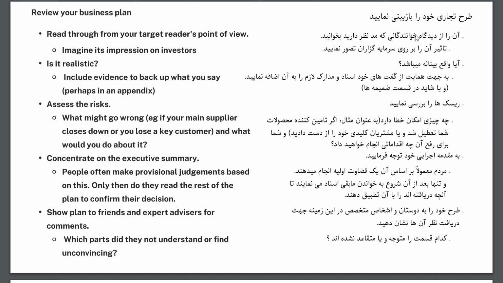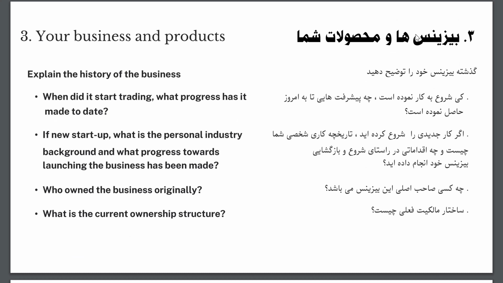Explain the history of the business. So if you're starting from scratch, that's one thing. If you're writing a business plan for investment after you've been running a lower level of the business and you're trying to scale it to a larger size, this is when this would apply. So if you're a new startup, what is the personal industry and background and what progress towards launching the business has been made?